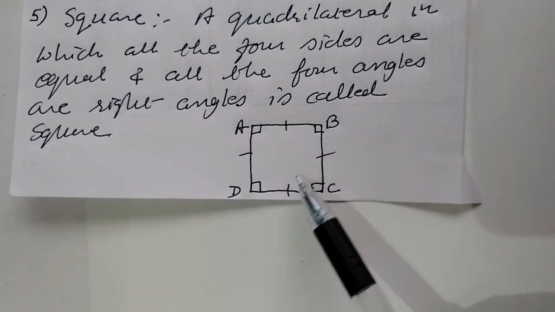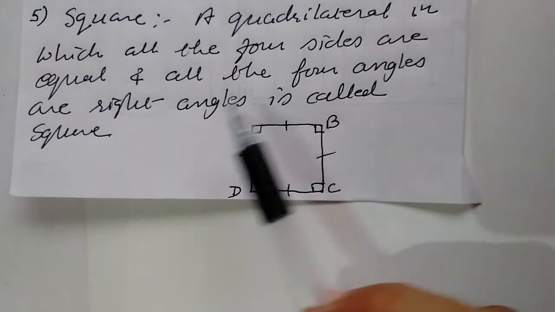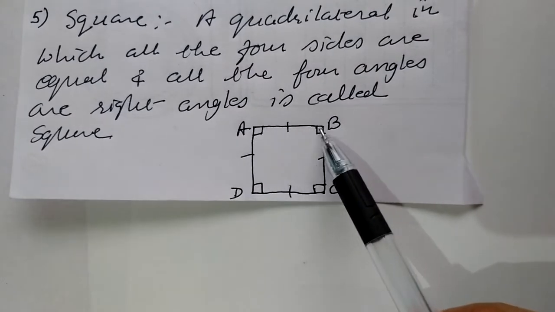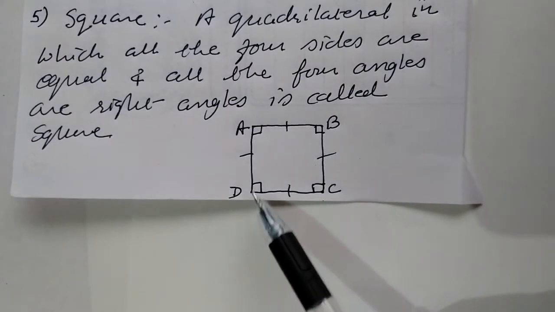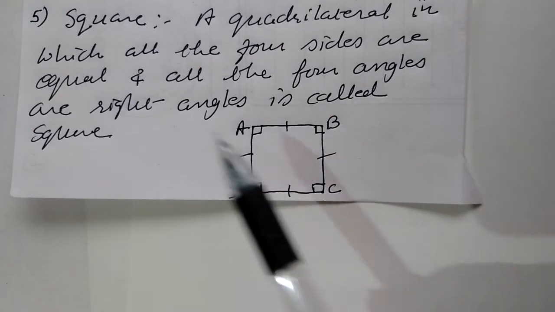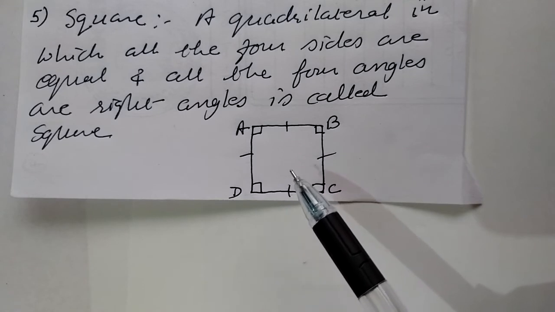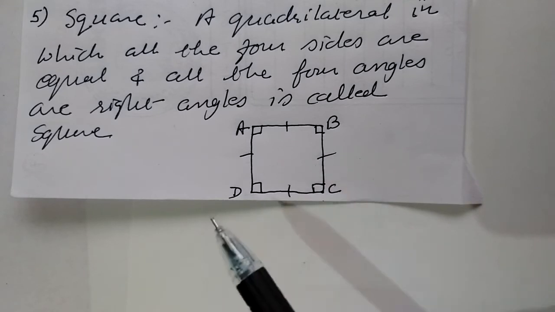Means all four angles are right angles and all four sides are equal. Means AB length, BC length, CD length and DA length are equal. Children, this figure is known as a square. Now from this, children, you can find the definition of a rectangle also. Try yourself.